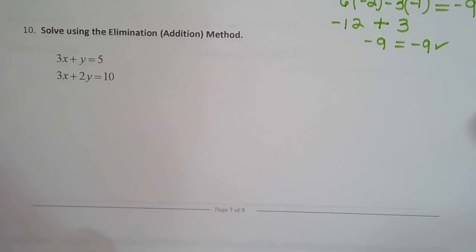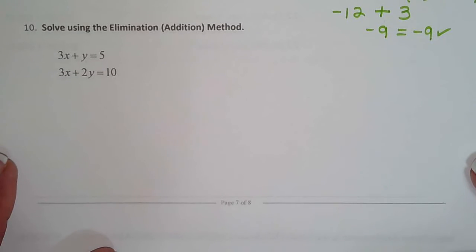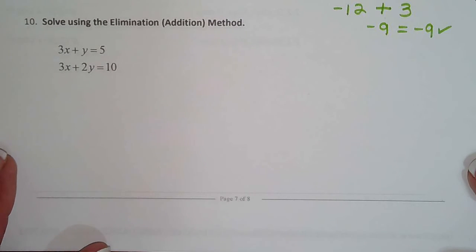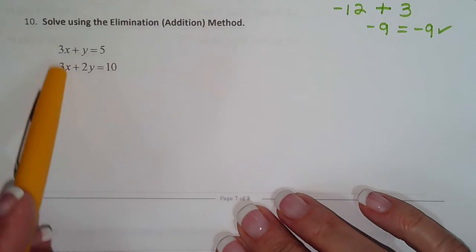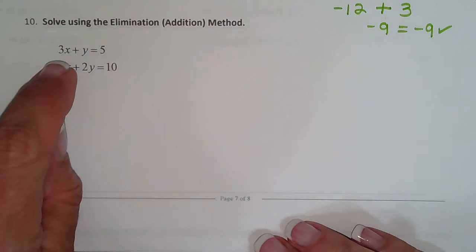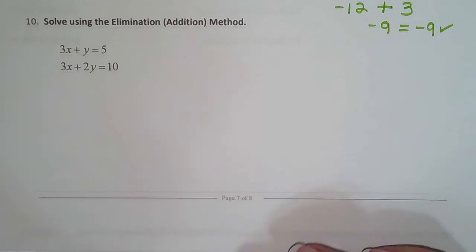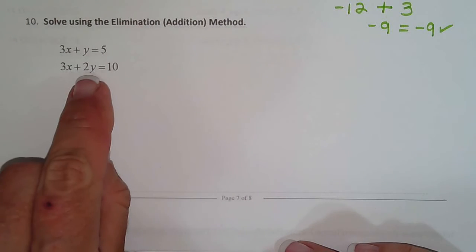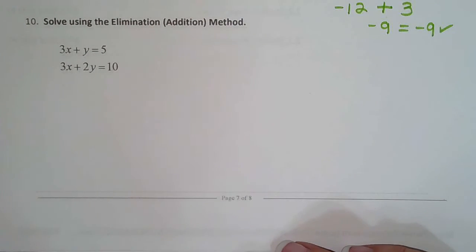Oh, so as long as the two sides match, you have done it correctly. So let's go ahead and practice on one here. So, as the directions stated, it doesn't matter which variable you decide to eliminate. I could decide to eliminate the x's, or I could decide to eliminate the y's. So I could make this 3x and this -3x, or I could make this 2y and this -2y.